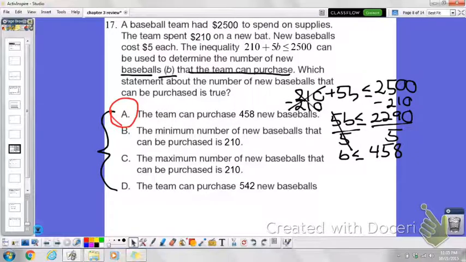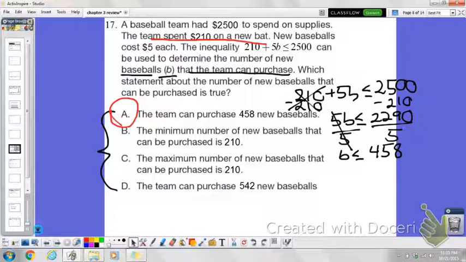If we look at B, the minimum number of new baseballs that a team can purchase is 210. Well, we know that's not true because 210 is the cost of a new bat. And according to our inequalities, the minimum number of new baseballs a team can purchase is less than or equal to 458. So we can say 1 is the minimum number that can be purchased.